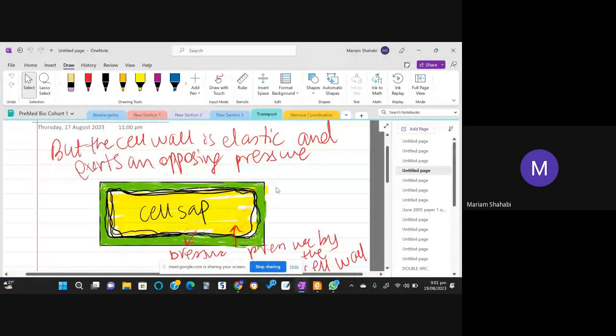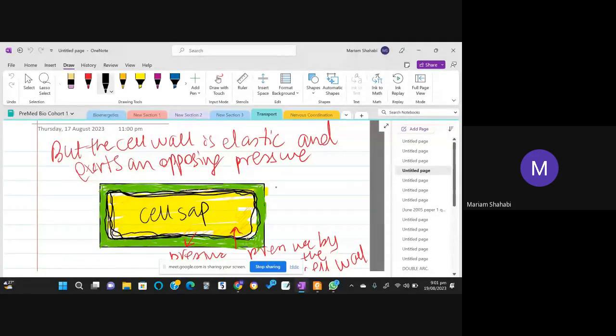See, eventually the vacuole enlarges to such an extent that it makes contact with the cell wall and the cell membrane. The cytoplasm has been pushed; you can't even see it at this point because the vacuole has become so big. The cell has absorbed so much water.